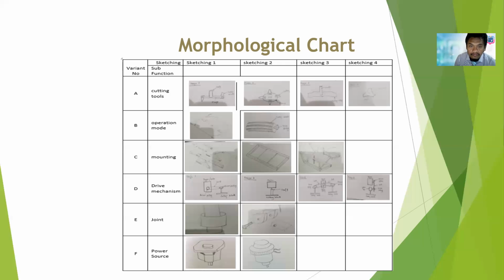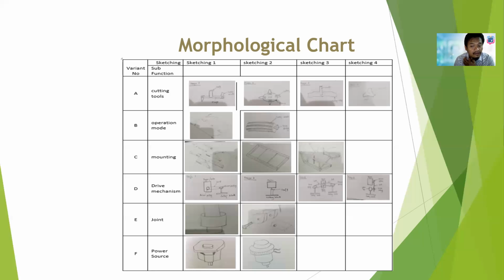For the mounting sub-function, sketch one is an adjustable height. Sketch number 2 for mounting is a fixed mounting.